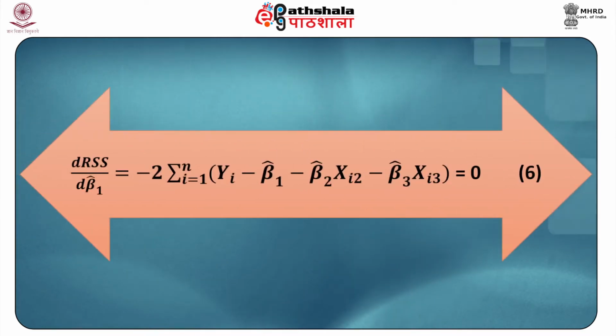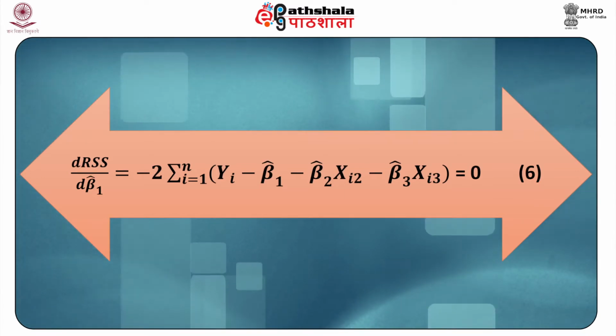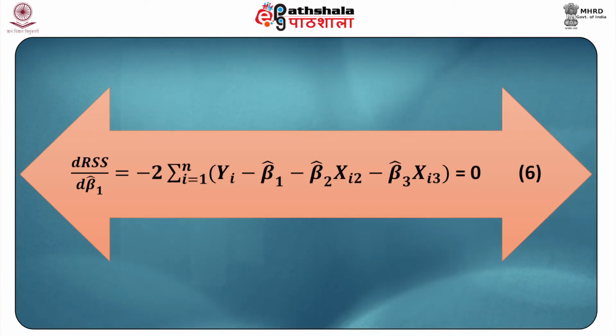So if you take the partial derivatives and try to minimize the sum of the squares of the errors, then we take the derivative of this residual sum of squares with respect to beta 1, beta 2 and beta 3. What we find is the derivative of RSS with respect to beta 1 hat is equal to minus 2 into sigma of yi minus beta 1 hat minus beta 2 hat xi2 minus beta 3 hat xi3 is equal to 0.